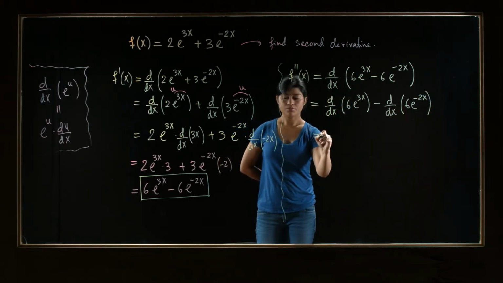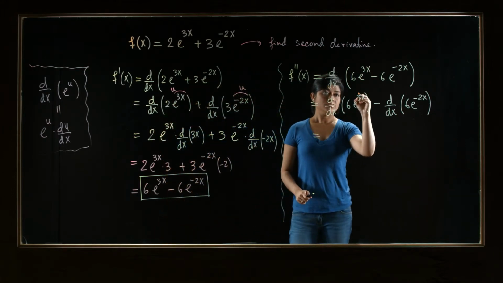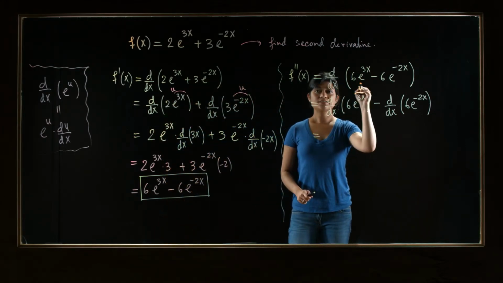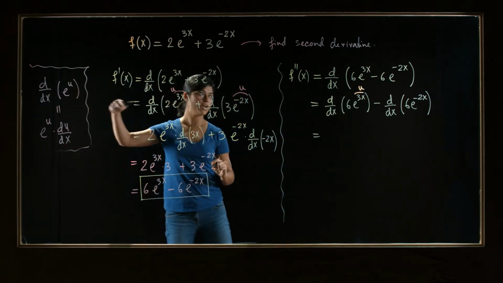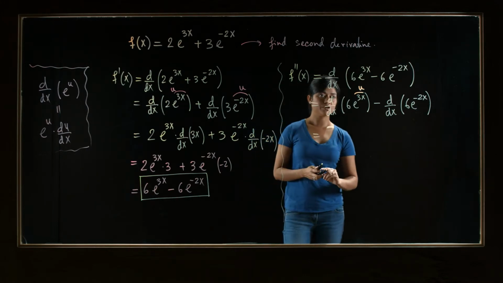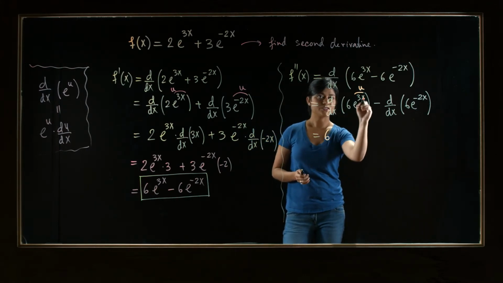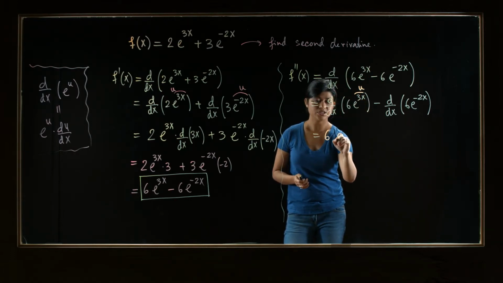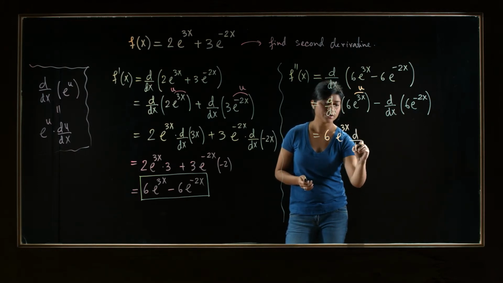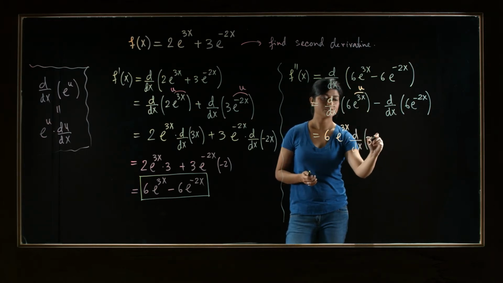Okay. Now, notice again this 3x in the exponent is like the u, and we will be applying this rule one more time. So what is the derivative? The 6 comes down, and this is d dx of e to the u. So you write down the exponential function as it is, so e to the 3x, and then multiply with the derivative of the u, whatever is in the exponent, and that is 3x.